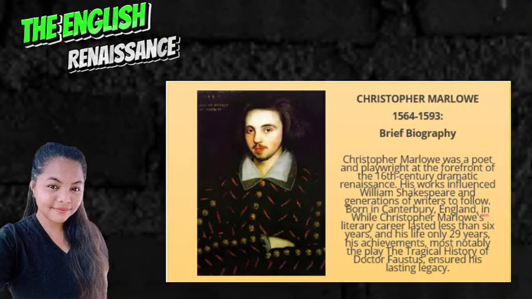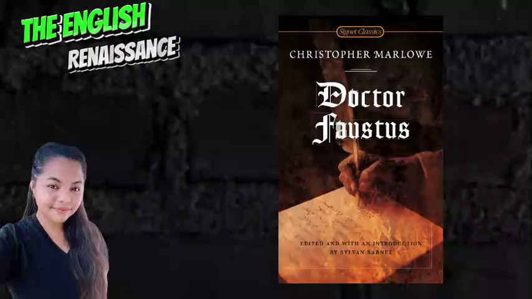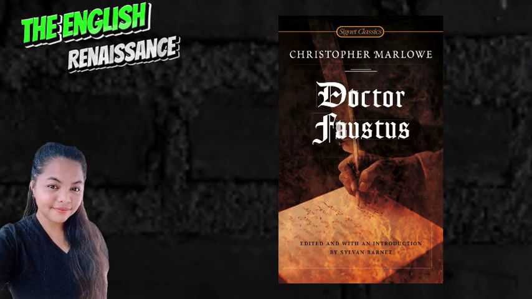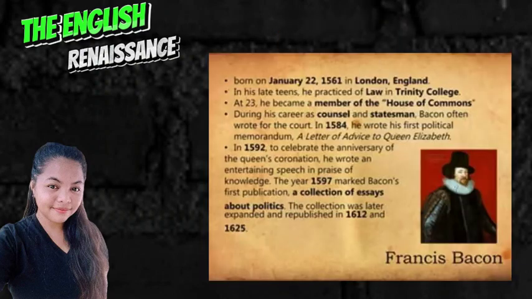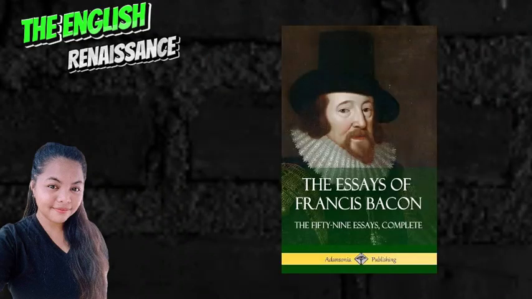Christopher Marlowe was a playwright and a poet who wrote Doctor Faustus, a play that dramatizes the legend of Faust, a scholar who sells his soul to the devil in exchange for knowledge and power. Francis Bacon was a philosopher and a writer who wrote the Essays, a collection of short writings that cover a wide range of topics such as truth, death, love, friendship, wisdom, ambition, revenge, and nature.